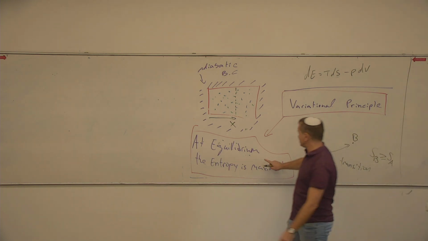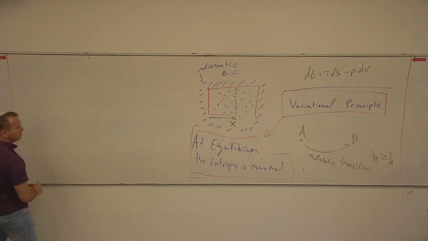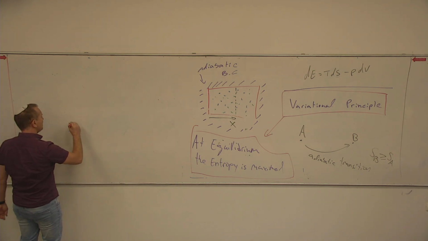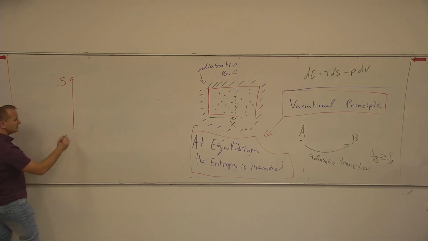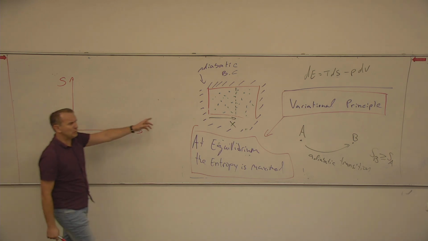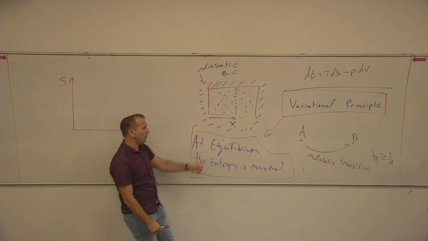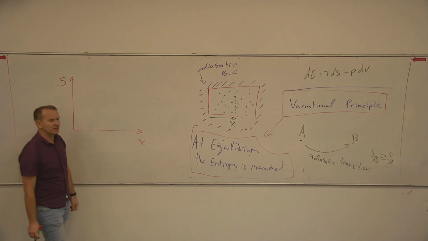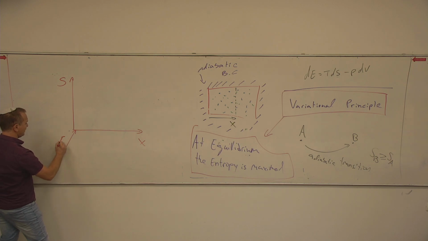So this maximal value of entropy, if we want to plot it, looks as follows. If we have entropy, let's assume here we have our constraint. You can imagine that this is the position of this membrane somehow, but it's a general constraint X. And this is my energy.